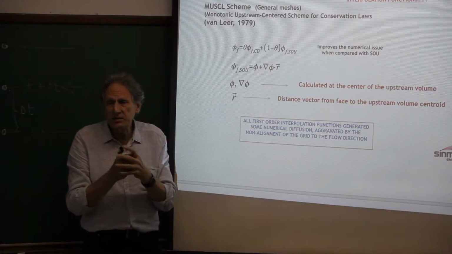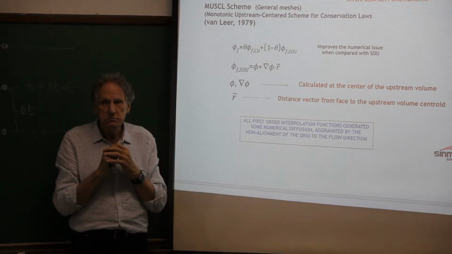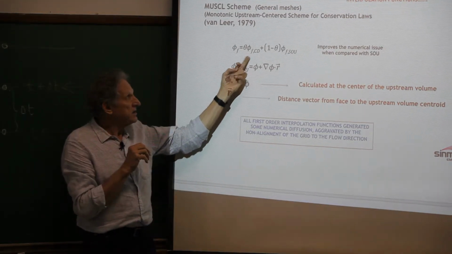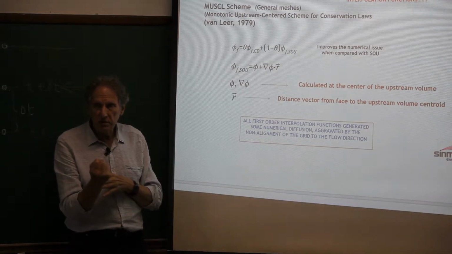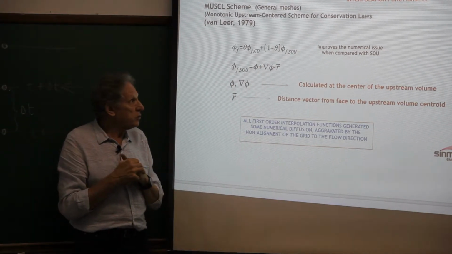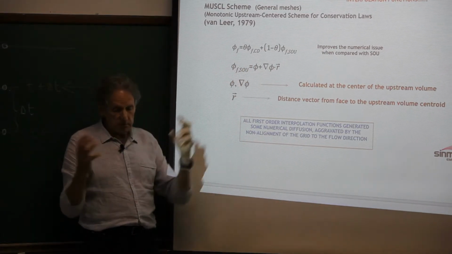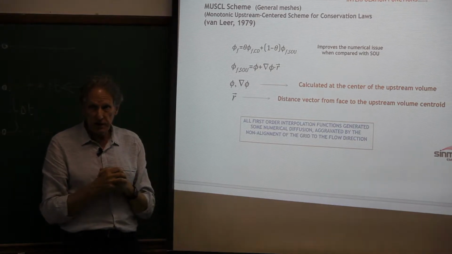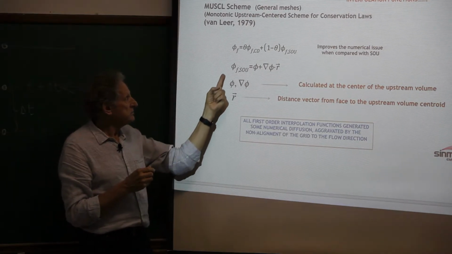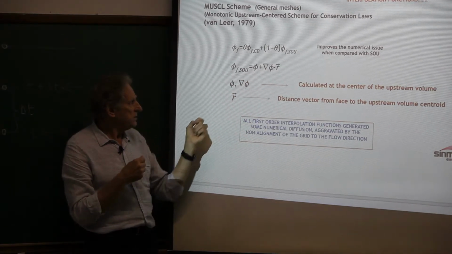So it blends two schemes which are second order, because the central differential scheme is second order and second order upstream is second order. And this we already know what that means.